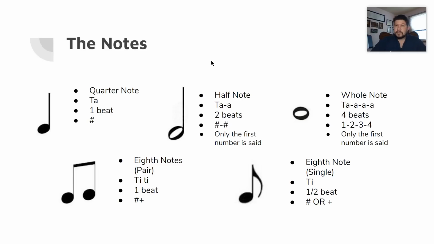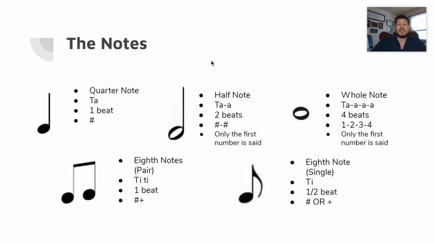The half note right there in the middle at the top is the open circle with the stem coming off of it. We say ta. We want to extend that to 2 beats because that is how long the half note lasts. 2 beats long, ta, 2 beats of sound. The 2 number signs that you have right there are going to be referring to the number that the note starts on and that it ends on.